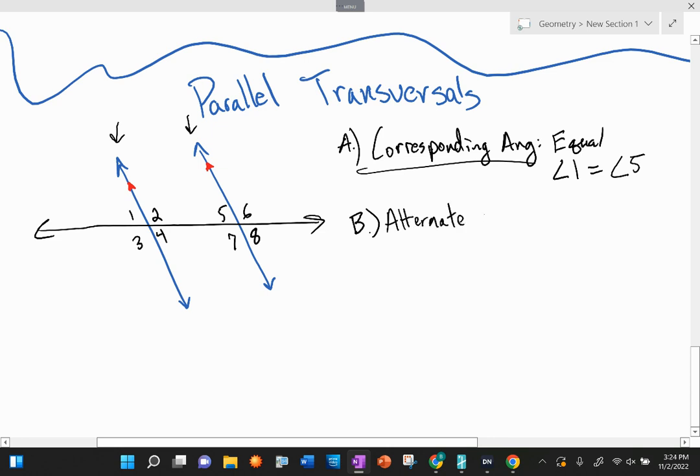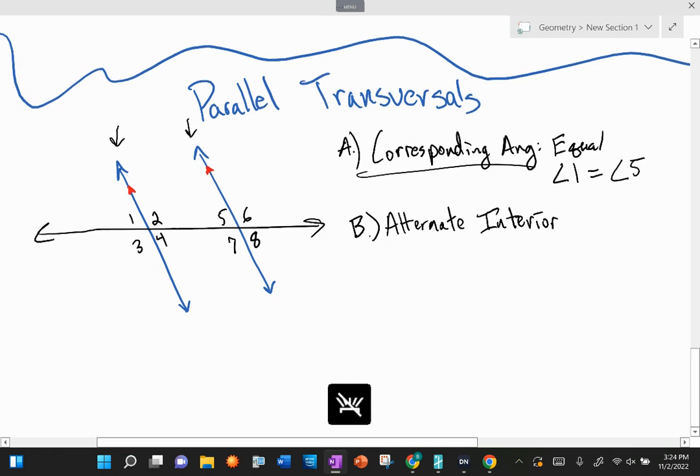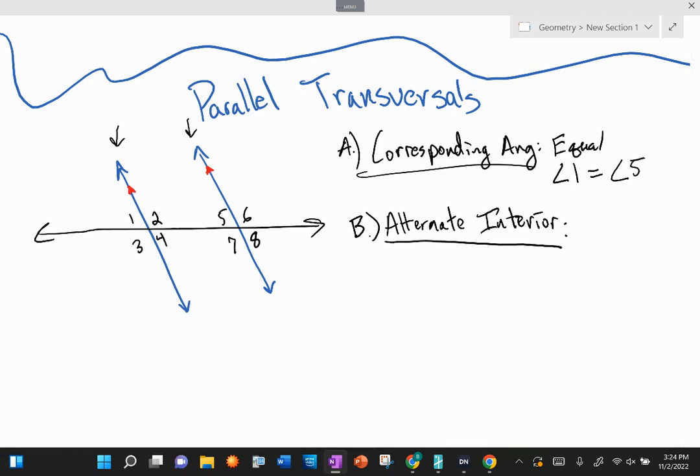So that was corresponding. So we also will have alternate interior. Okay, so when we have alternate interior, give me two angles. What two angles are alternate interior angles to each other? 4 and 5, because 2 and 5 would be consecutive.